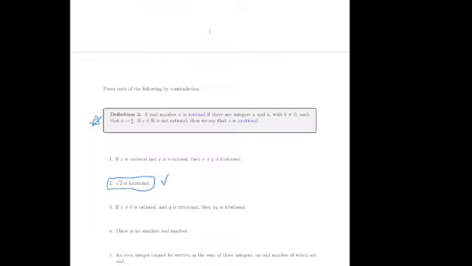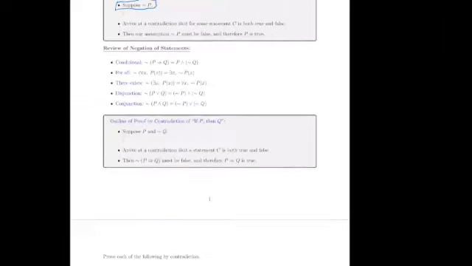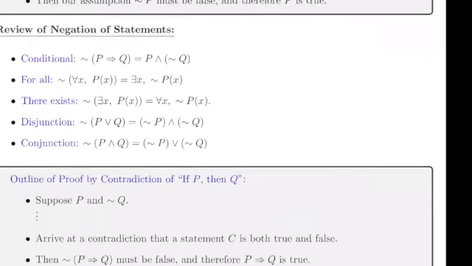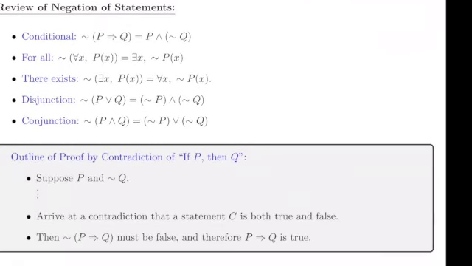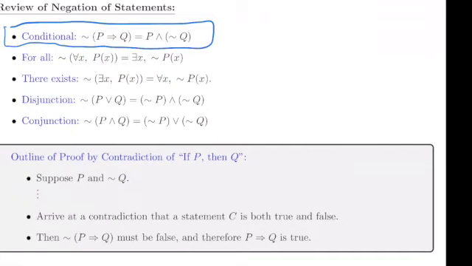So here we applied this on a statement which was not even a conditional statement, but like most of the other statements that we're working with, most of the time in mathematics, we are trying to prove conditional statements. So let's think about how we can apply this method of contradiction to prove conditional statements. And to just back up for a second, when we negate a conditional statement, so I just put this up here, since when you're doing proof by contradiction, the very first step is to suppose the negation of the thing you're trying to prove.